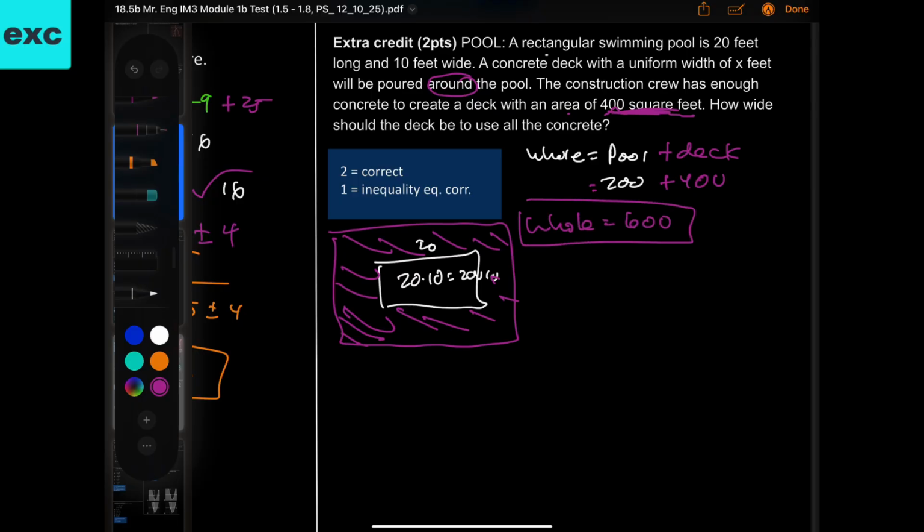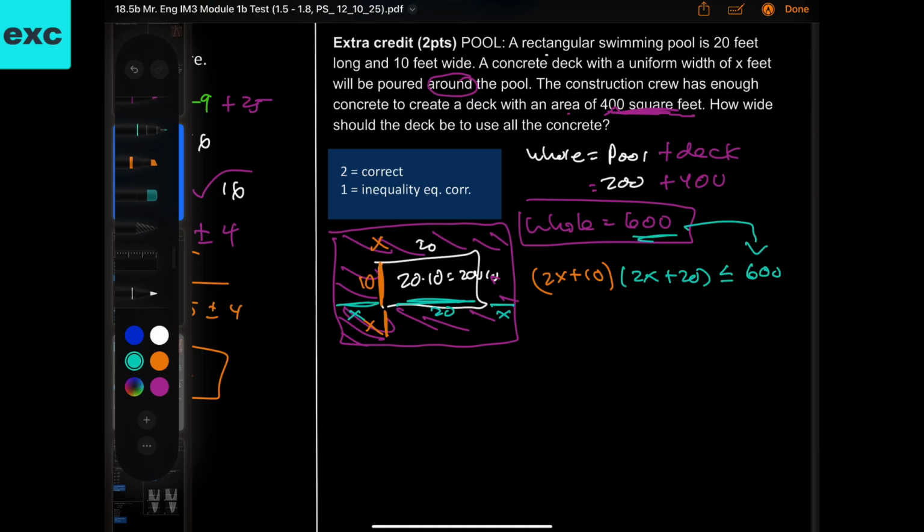Okay, so what are my two equations? My equation going across, this is x. This would be 10, and this would be another x. So my equation is 2x plus 10. Going this way would be x, 20, another x, so that would be, combine them together, 2x plus 20. Okay, the whole has to be less than or equal to 600.